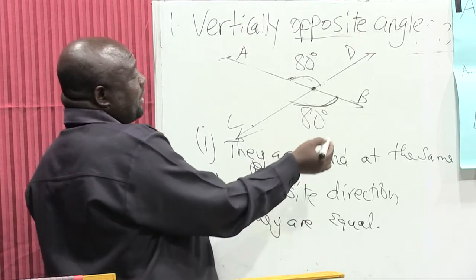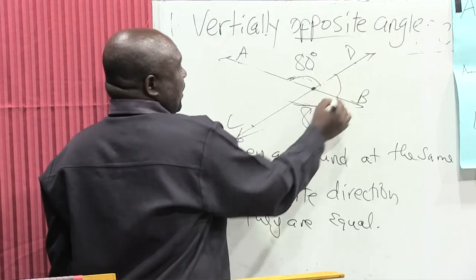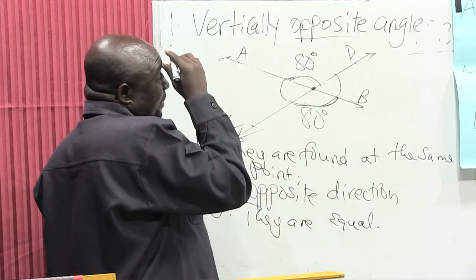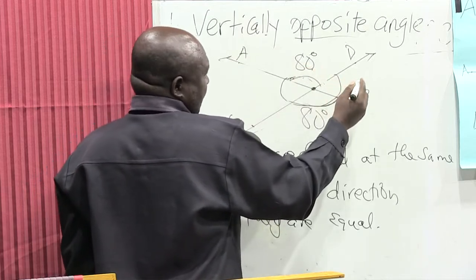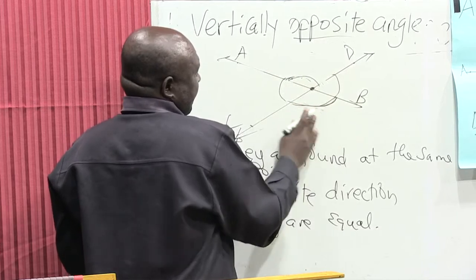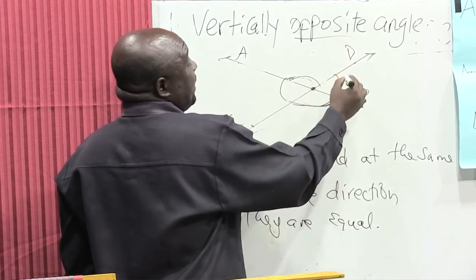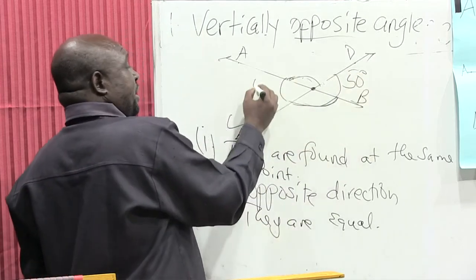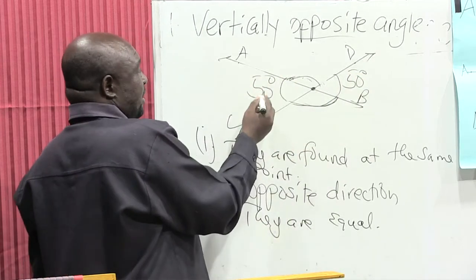Another pair of vertically opposite angles, this one and this one. For example, if this is 50 degrees, this also will be 50 degrees.